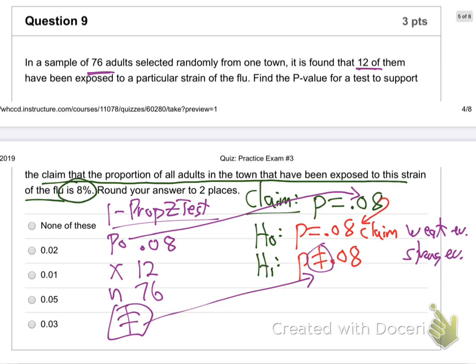Right, so type that into your calculator. And I'm getting a p-value equal to 0.0123, which rounds to 0.01, huh? Did you get that okay?